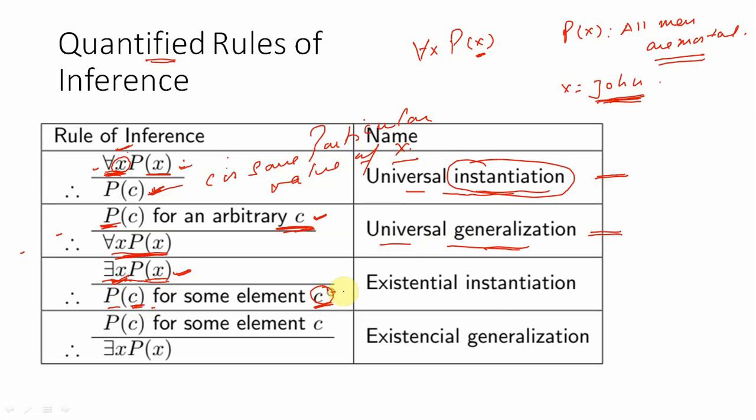This is existential instantiation. I am creating an instance of the predicate. Then the reverse is the generalization. If p of c is true for some element c, I cannot say for arbitrary c, I am saying it for some element c, then I can say that p of x is true for some value of x, or there exists a value x for which p of x is true.